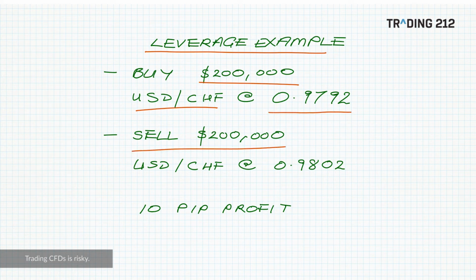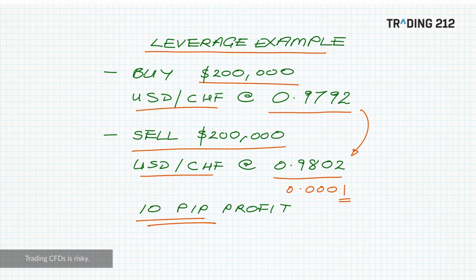So you sell $200,000 of dollar Swiss at an exchange rate of, let's say, 0.9802. Now, 1 pip for dollar Swiss is 0.0001. So 1 pip is the 4th decimal place. And so this is a 10 pip increase in the exchange rate, a 10 pip profit for you.